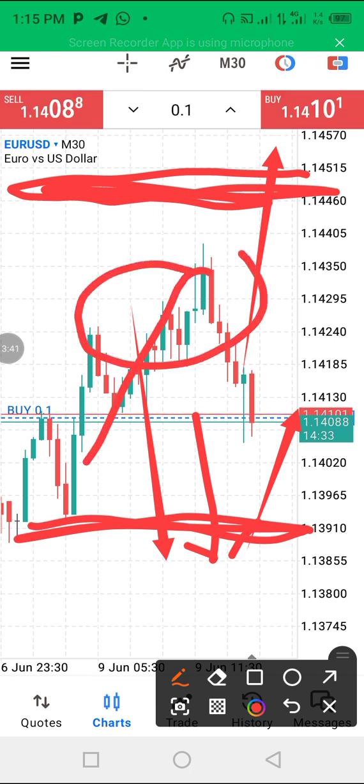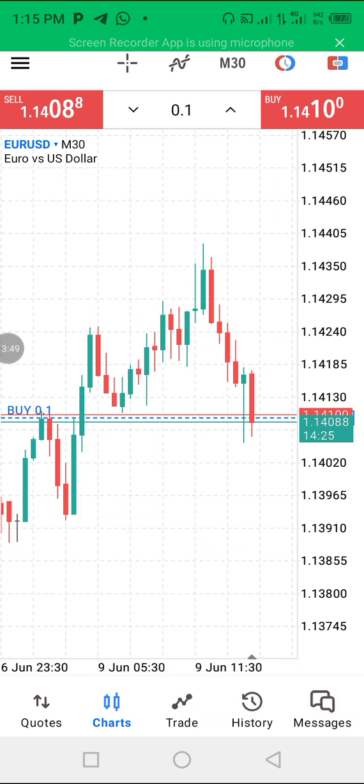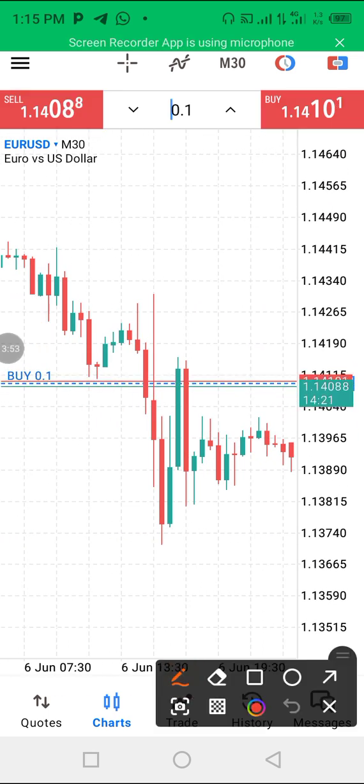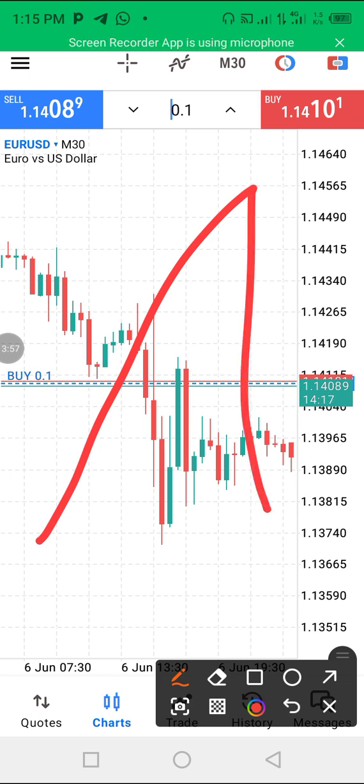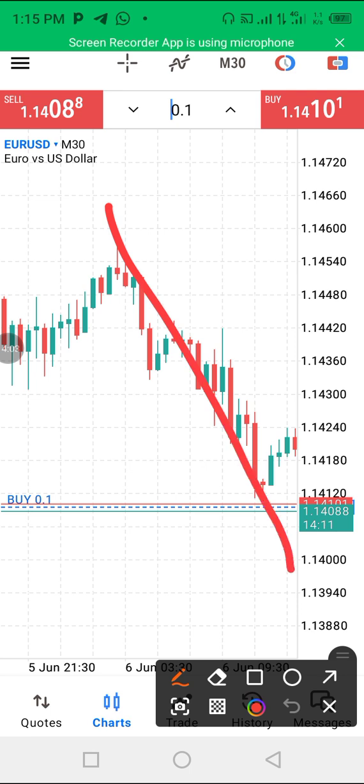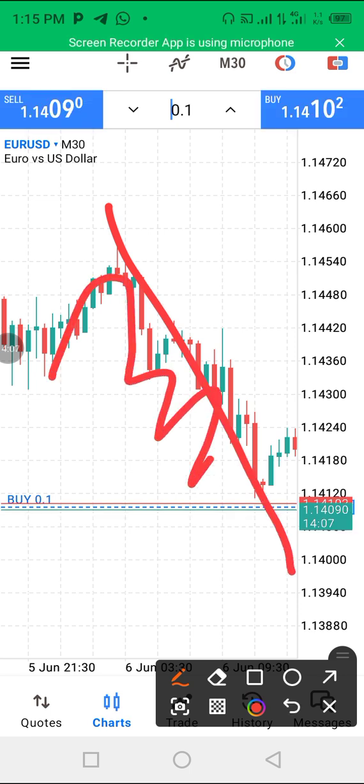So the price of commodities or the price of currencies is not usually stable. They don't go in a normal direction. They don't go up like this and down like this. If you see from the candlestick, this one is coming down, but it didn't just come down like this. It was like this. There was a little, can you see? That is how the market actually moves.